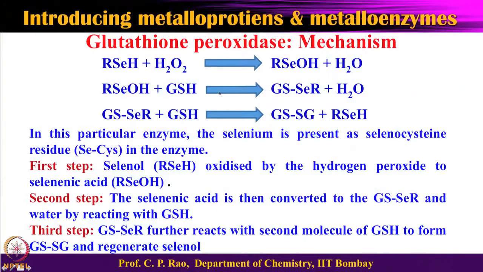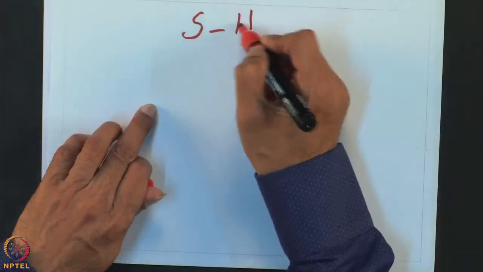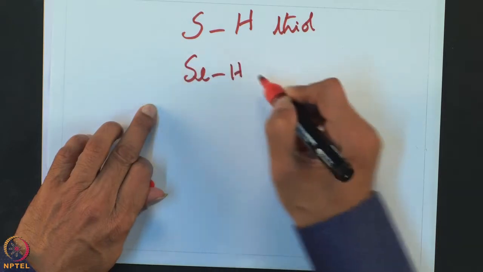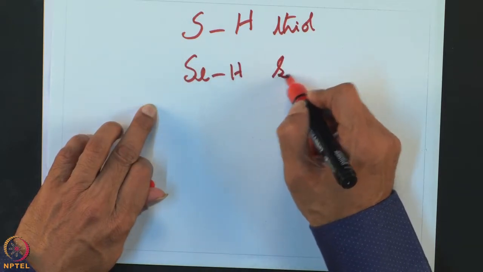Okay. So now you understand the glutathione. How does this glutathione peroxidase function? You see the selenocysteine we are talking about, and SeH we call a selenol, just like SH is thiol, SeH is selenol. This is not a difficult thing to understand. So you have SH, which you call a thiol, and SeH, which you call a selenol.